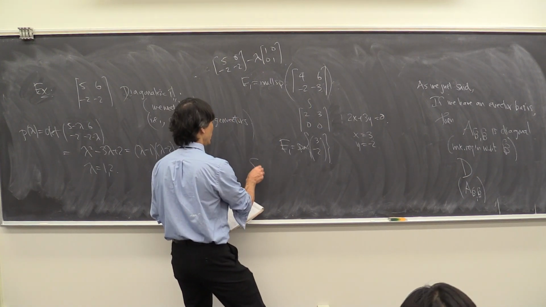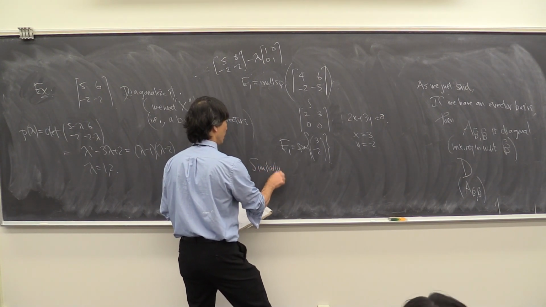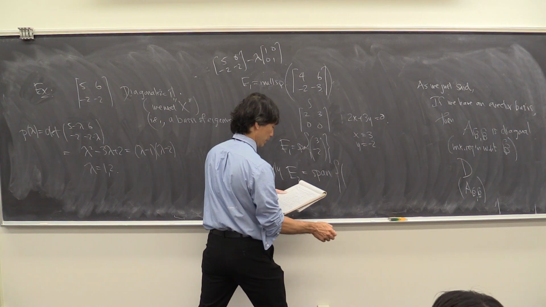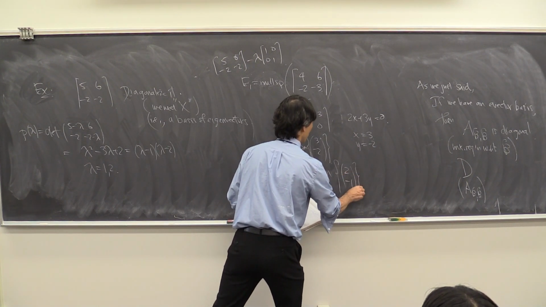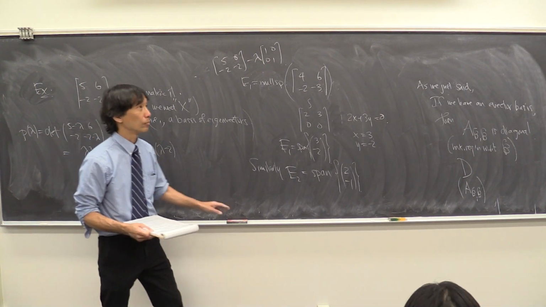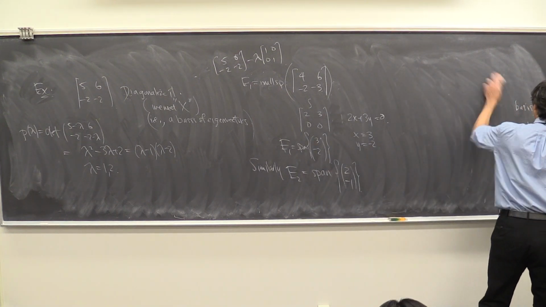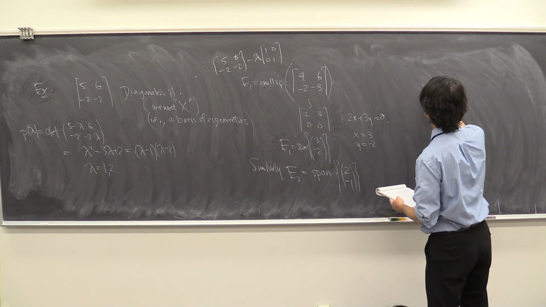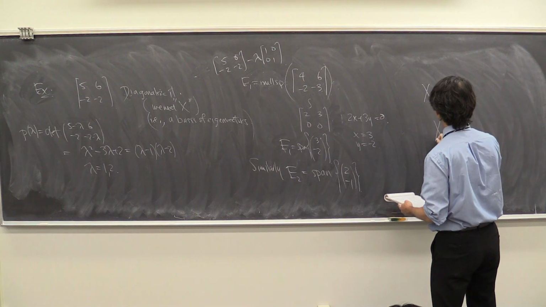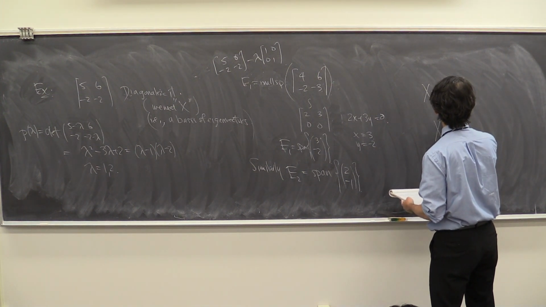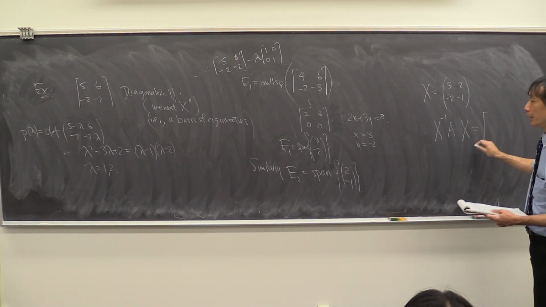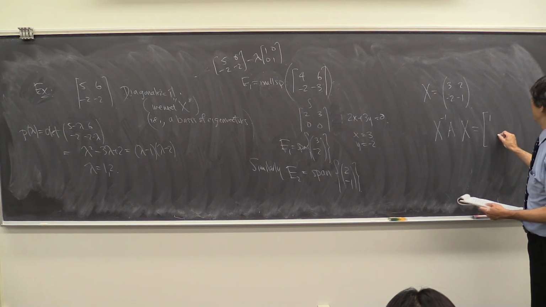Similarly, E2 can be seen to be the span of 2, -1. So if we take X to be 3, -2, 2, -1, and we conjugate A by it, what we're going to end up with is 1, 2, 0, 0.